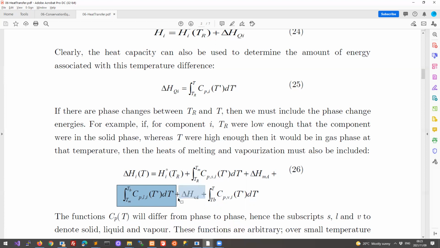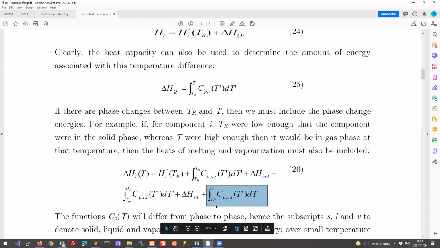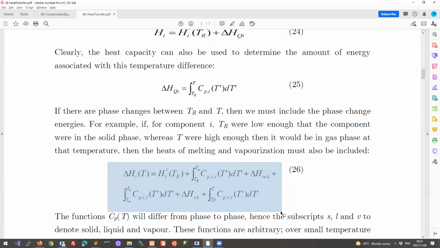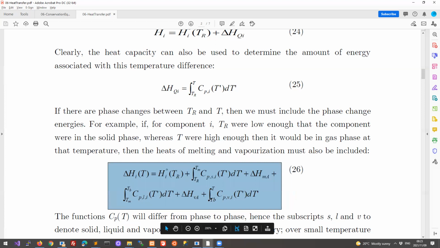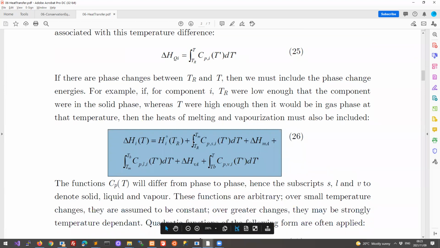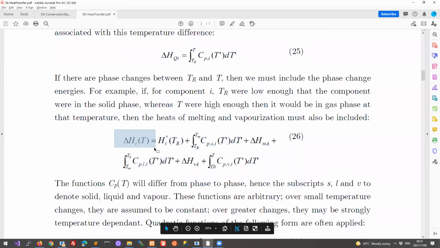And then you do have to add the latent heat of vaporization because you were at 50 and now you are going to past 100. So you need to add that energy. And then here you integrate from the boiling temperature 100 to the desired temperature 150. So this equation you customize according to the temperature range of interest, right? So that's how you estimate the enthalpy of a component.